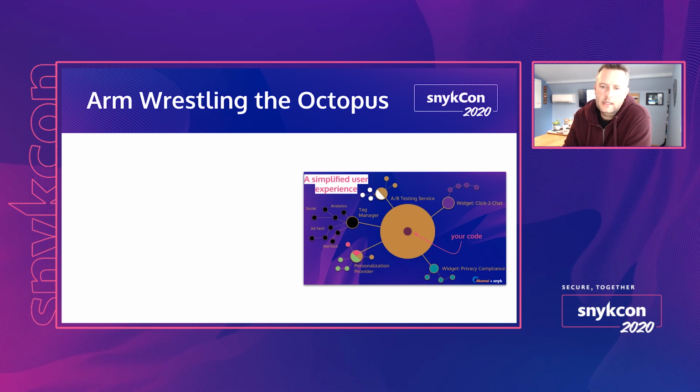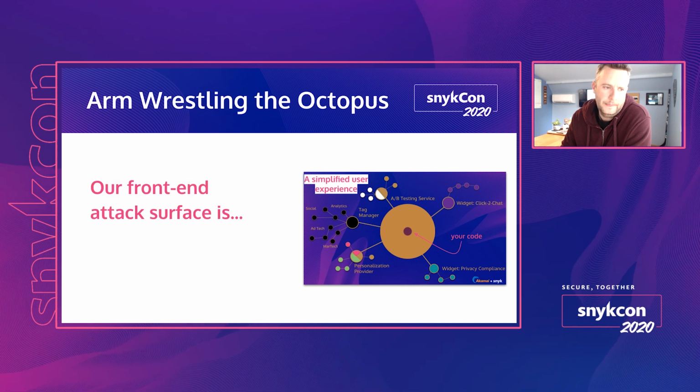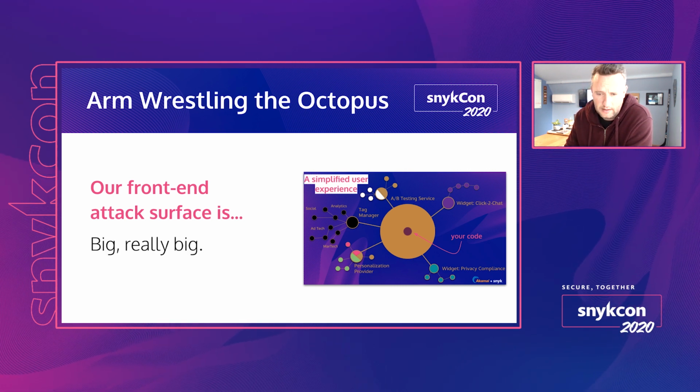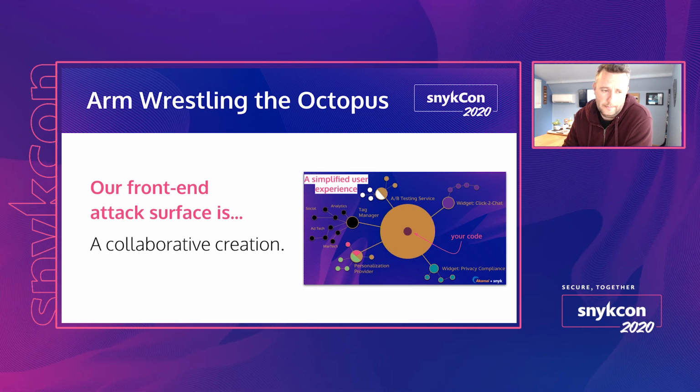But as a web protector, as an application developer trying to preserve the integrity of your experience and ensure you're shipping secure experiences, it's like arm wrestling an octopus. You just can't get a hand up. This front-end attack surface that all of this represents, it's big. It's really, really big. And it's growing all the time.